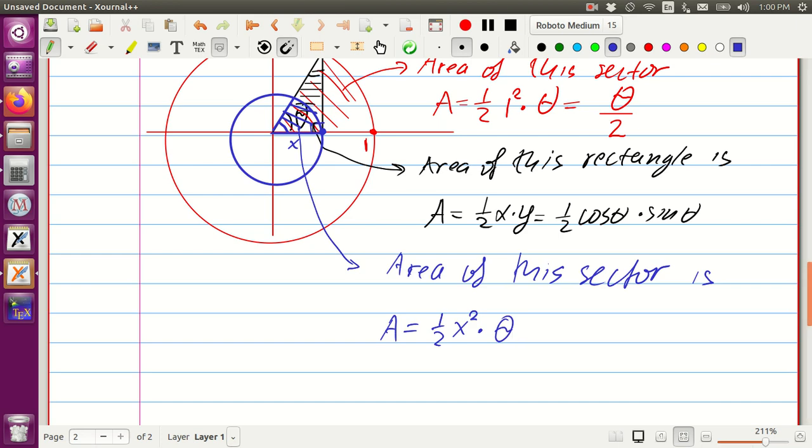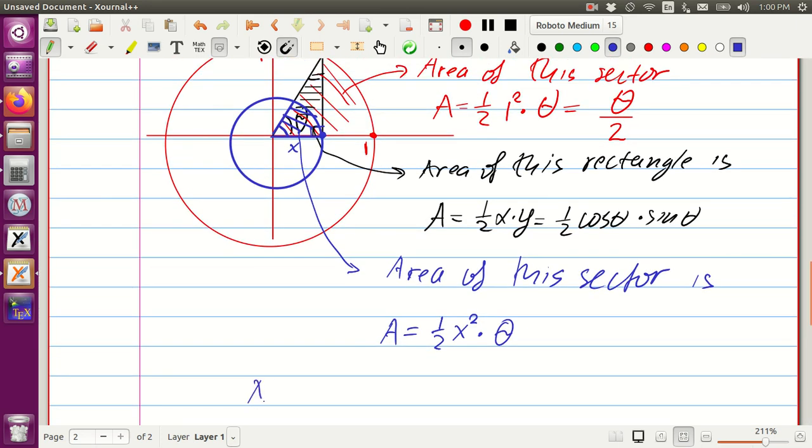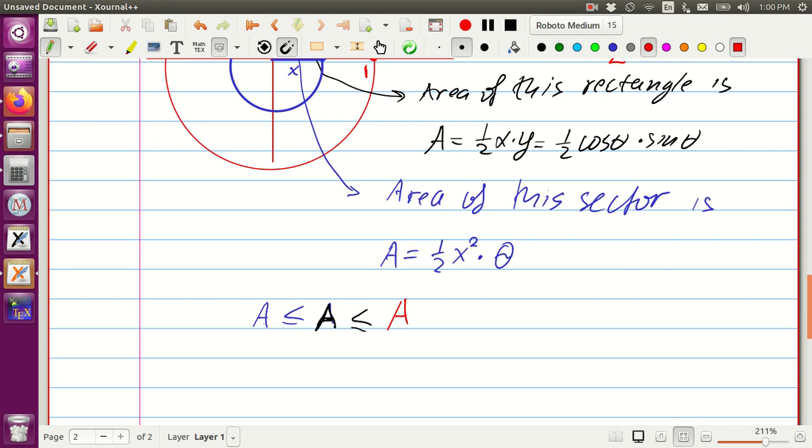And from this geometric construction, we can clearly see that the area in blue is always less or equal than the area in black, and less or equal than the area in red, just from the geometry here. So what is the area in blue? The area in blue is 1/2 x squared theta.